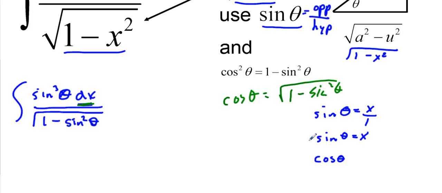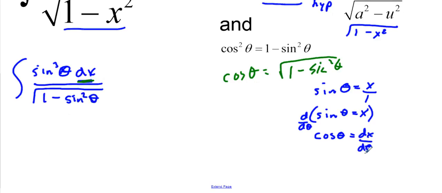So this is the differential. We're now taking the derivative of this with respect to theta, so you know what we're doing, and this is going to equal dx d theta. I didn't show this in the last tutorial, but now we're going to get dx by itself.